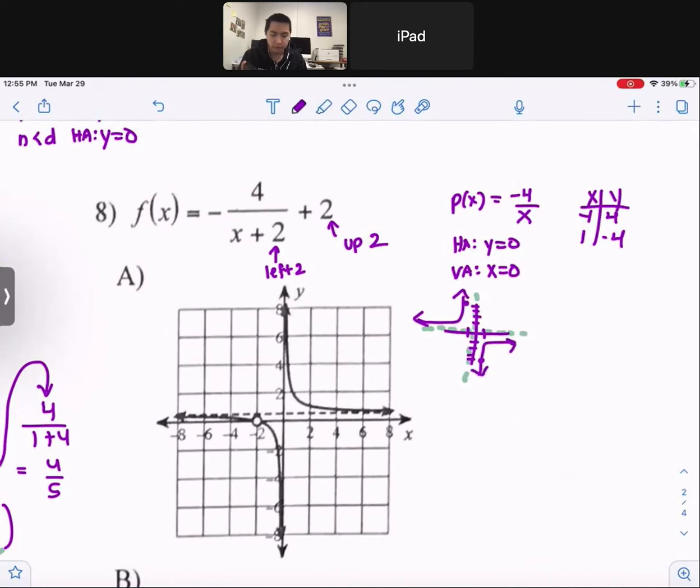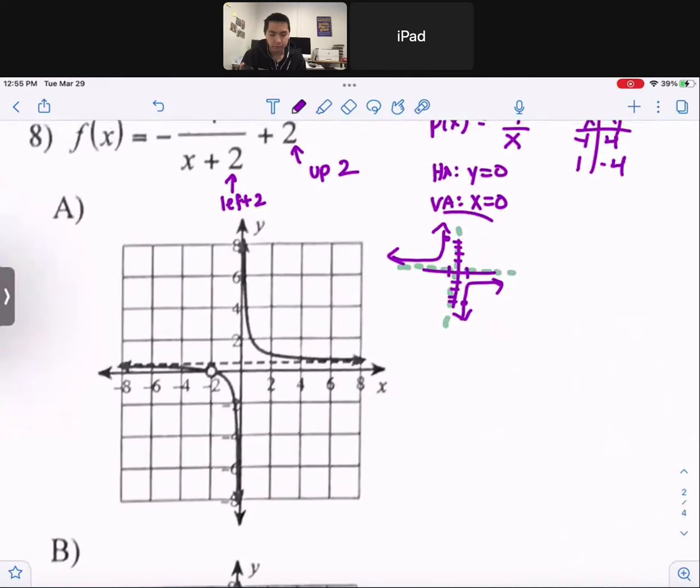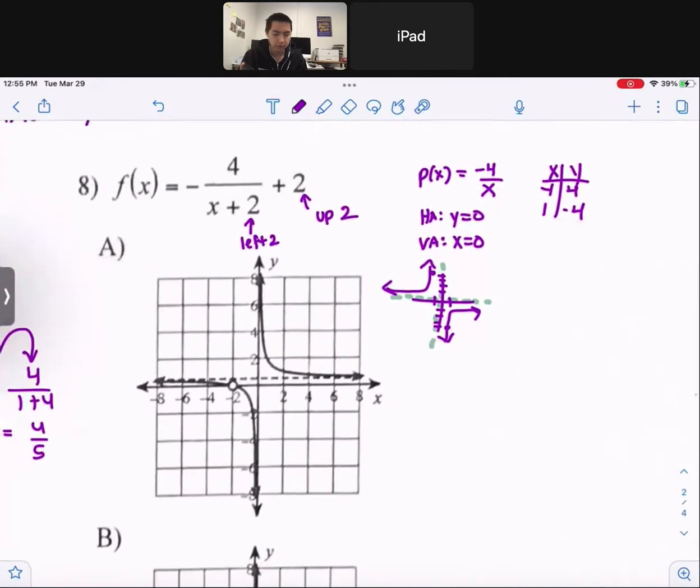And now if you guys move everything left 2 up 2, well, where does it look like it goes? Well, left 2 of this, you guys, so the vertical asymptote would be left 2 then, right? And your horizontal asymptote went up 2. So it should look like that, and it should look like this to some degree, right?